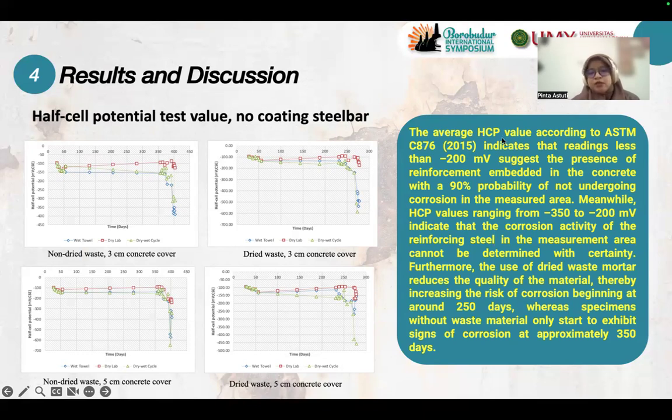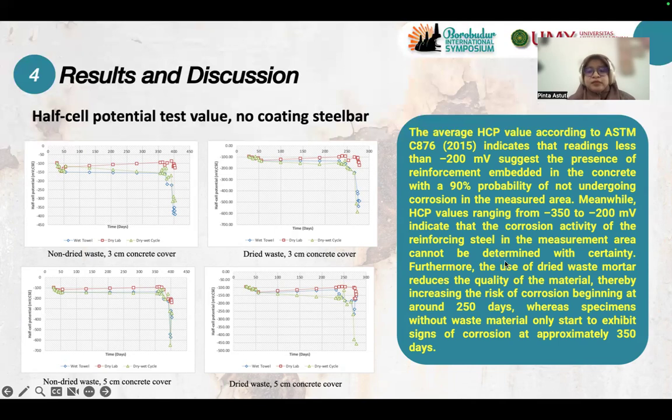The average half-cell potential value according to ASTM C876 indicates that a reading less than minus 200 millivolts suggests the presence of reinforcement embedded in concrete with a 90% probability of not undergoing corrosion in the measured area. Meanwhile, an HCP value ranging from minus 350 to minus 200 millivolts indicates that corrosion activity cannot be determined with certainty.